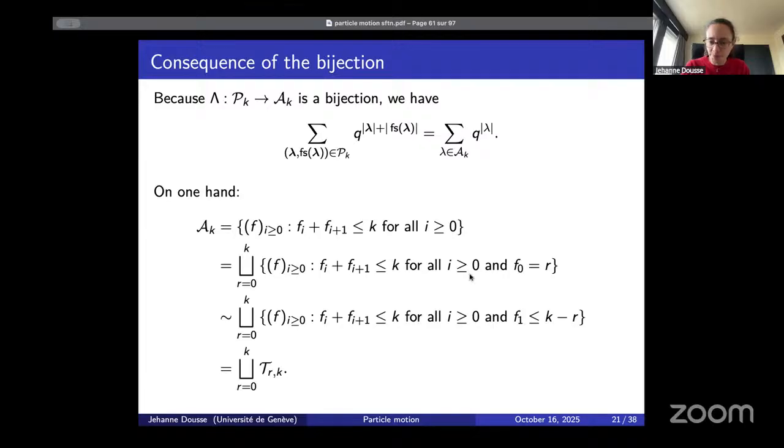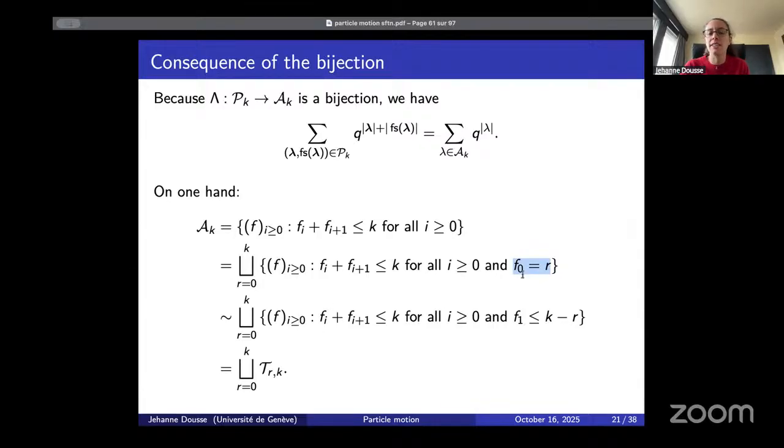First of all, we will add, a bit arbitrarily, a condition on the number of appearances of the part 0. It can be anything between 0 and k because of this condition. And if you add this condition to the set, you will get a disjoint union, because if the part 0 appears r times, it will not appear another number of times. So you can write this disjoint union.